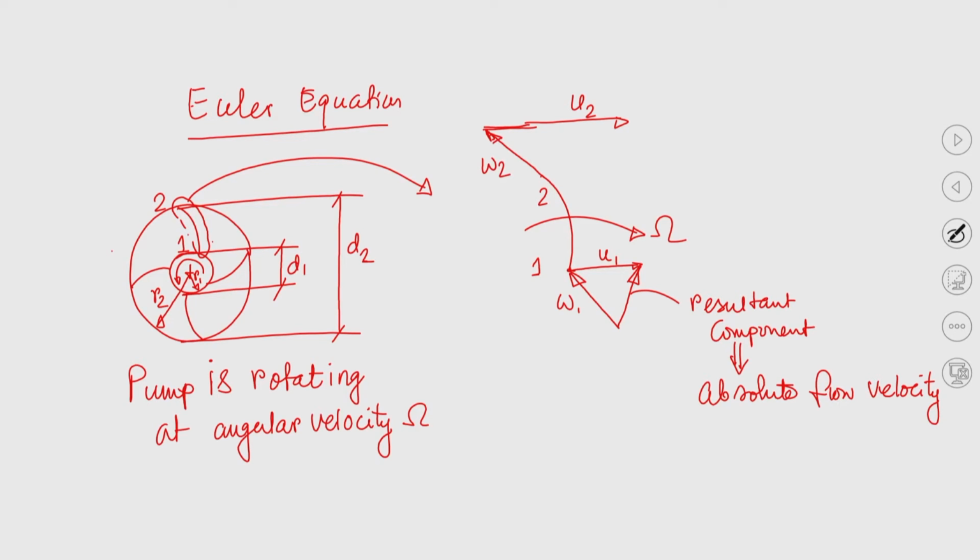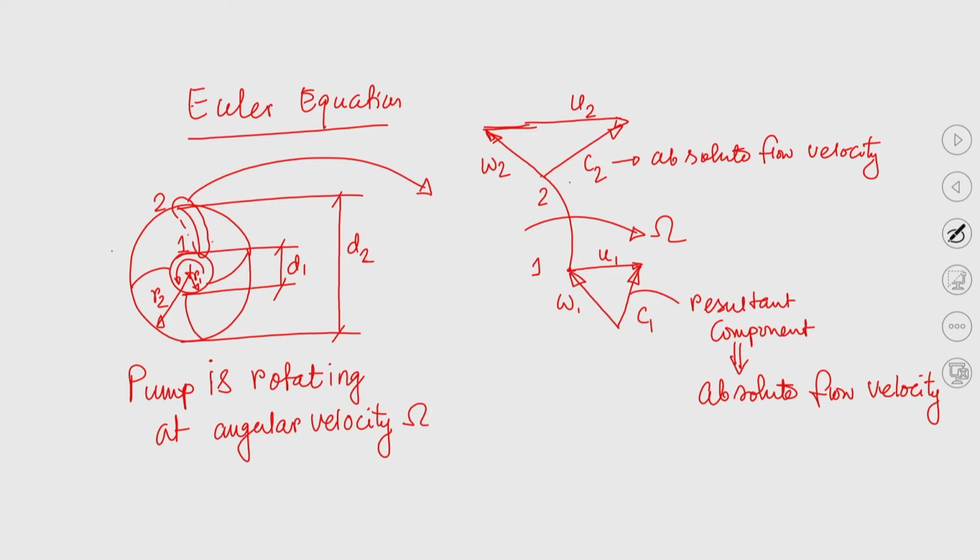This is the tangential velocity at the outlet of the blade, therefore we will have a resultant, C2, and this is the absolute flow velocity. Okay. So, we have understood the velocity triangles and why they are formed.